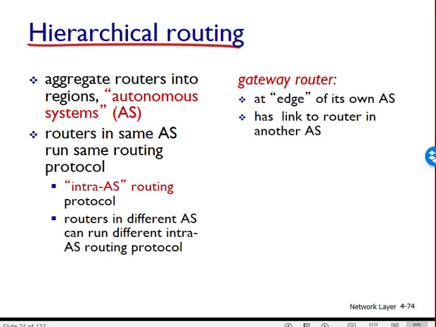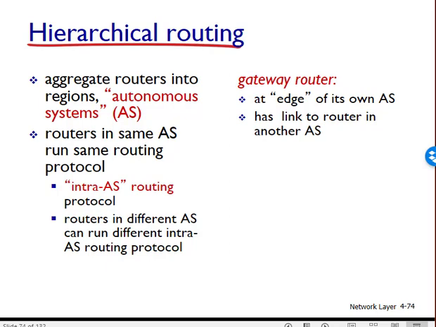Both problems can be solved by organizing routers into autonomous systems, with each autonomous system consisting of a group of routers that are typically under the same administrative control. Routers within the same administrative control all run the same routing algorithm and have information about each other.